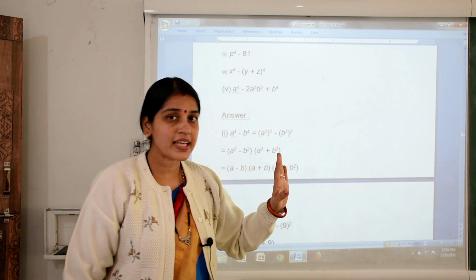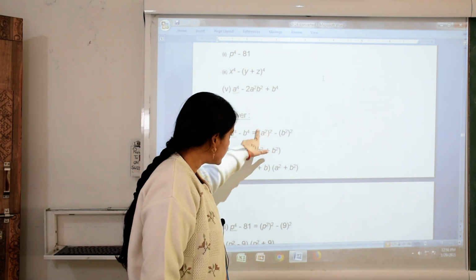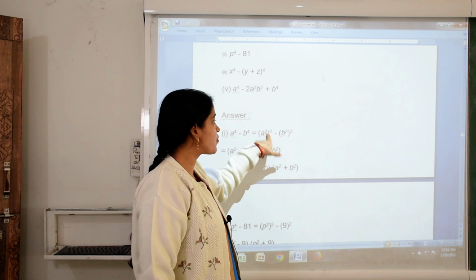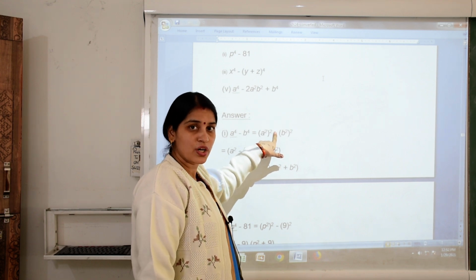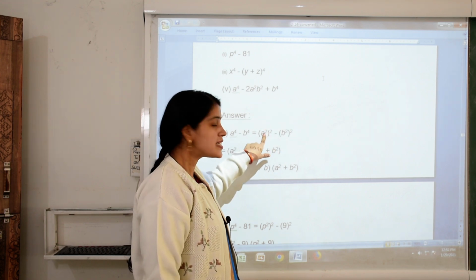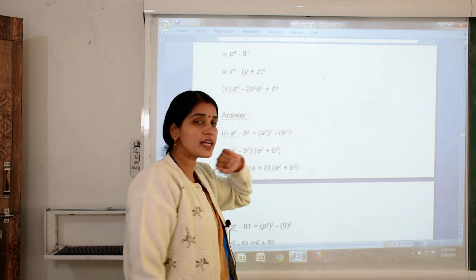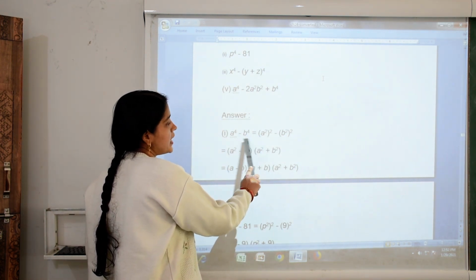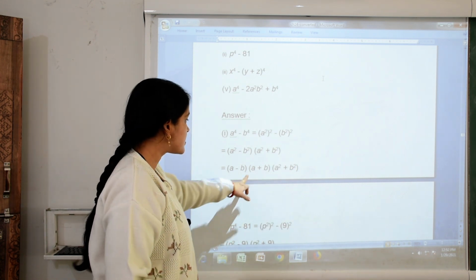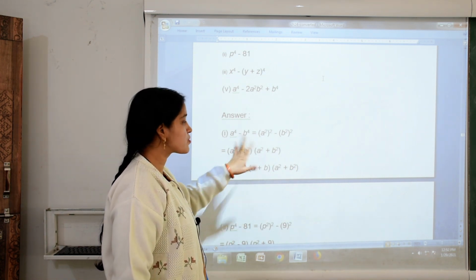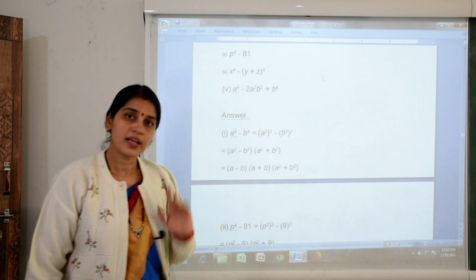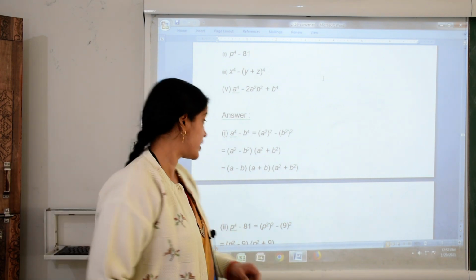But here what is a? Now this whole thing will be a, okay, because it also has a square. So here a is a square and b is b square. So we have to write a plus b and a minus b: a square minus b square, and in the second bracket a square plus b square.